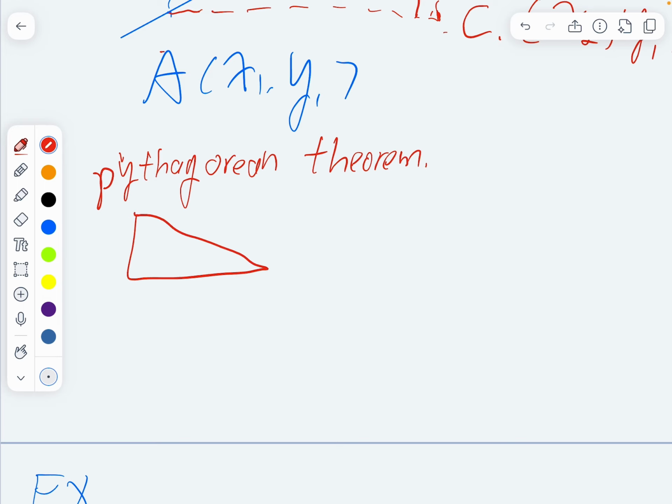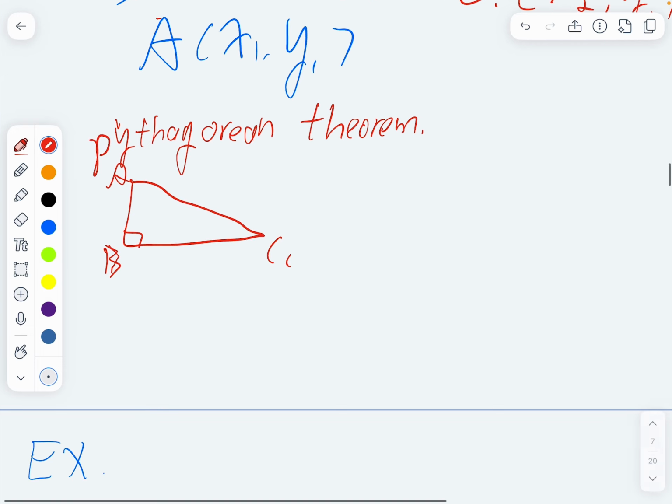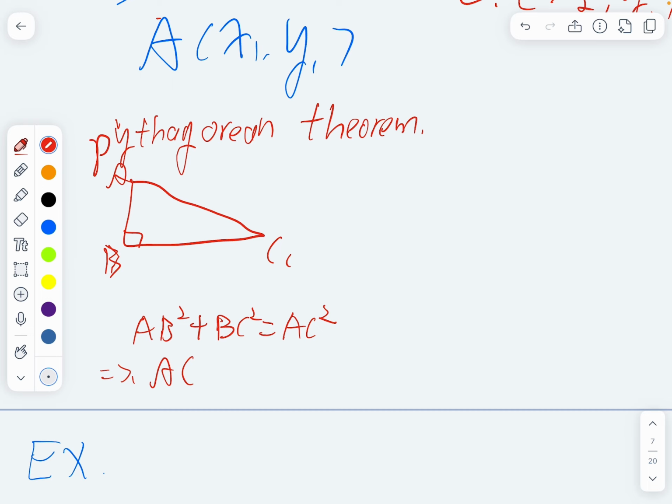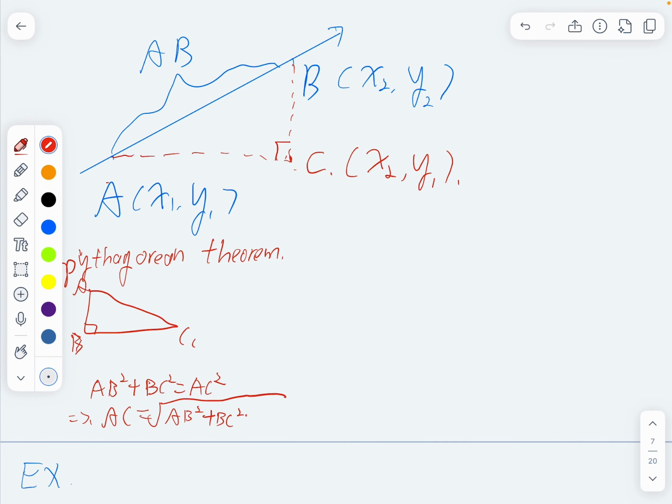For a right triangle, this is A, this is B, this is C. So that will be AB squared plus BC squared equal to AC squared. So the length AC equals the square root of AB squared plus BC squared. Okay, so now we can use this here.